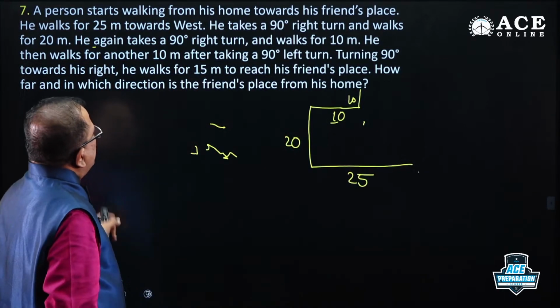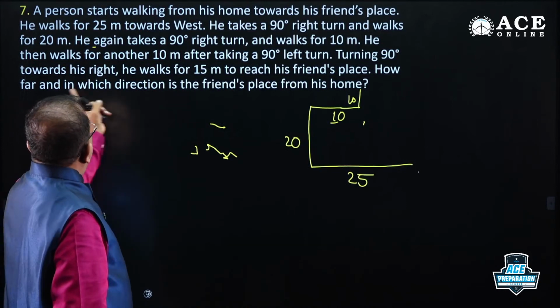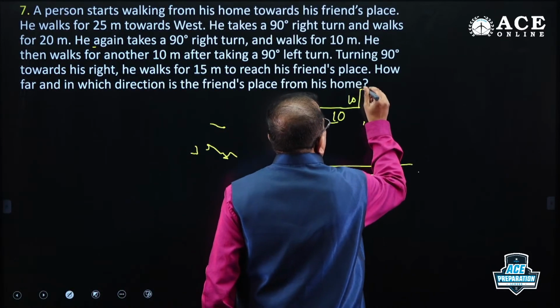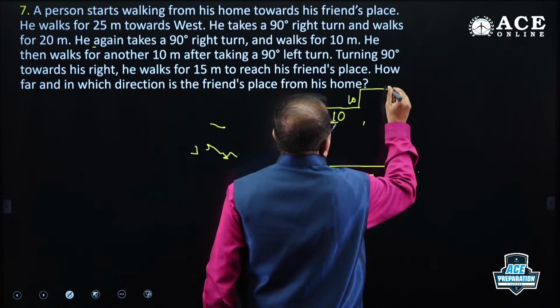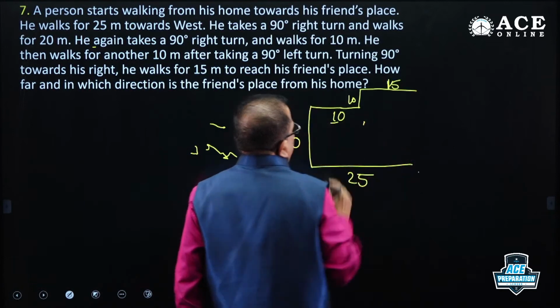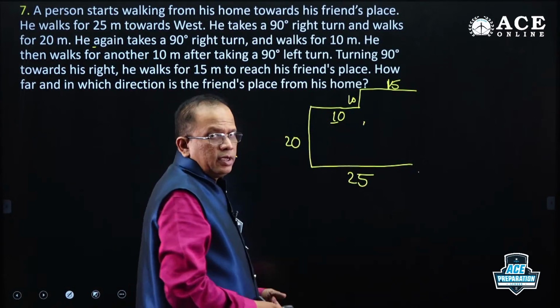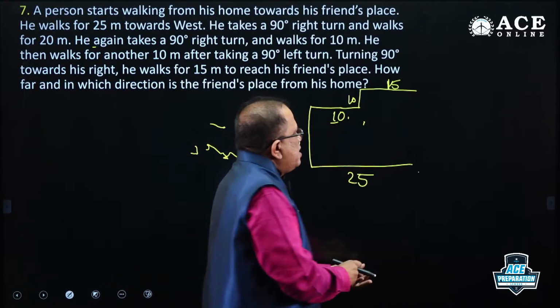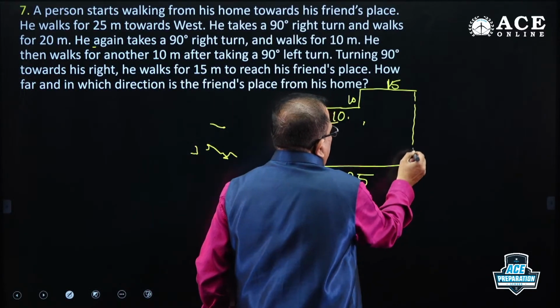Turning 90 degrees towards his right, when someone is walking like this, then how much? 15. Now, keep track of the distance. 25, 10, 15. Both will be in the same line.